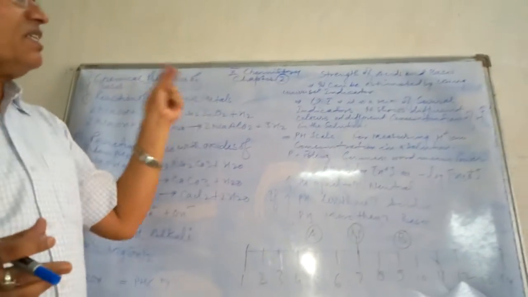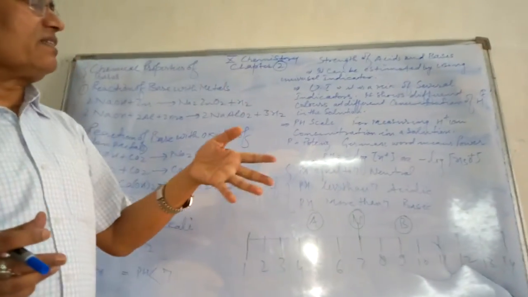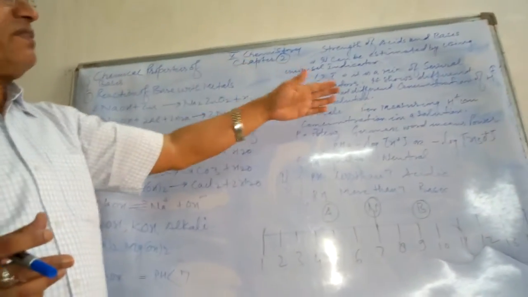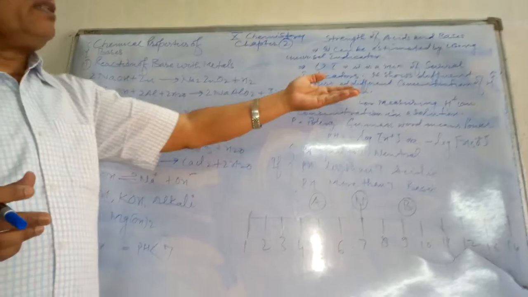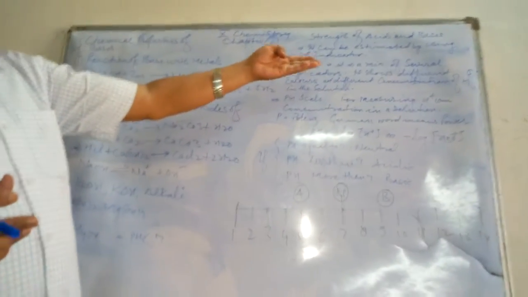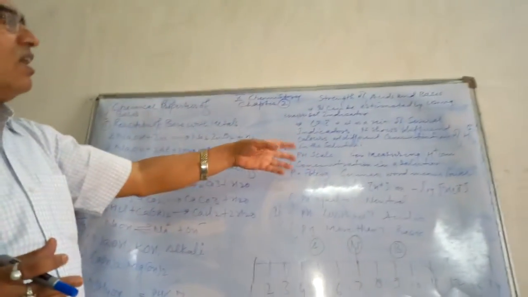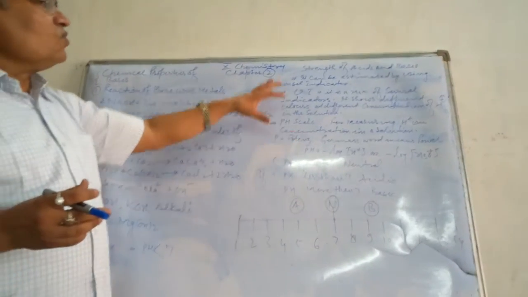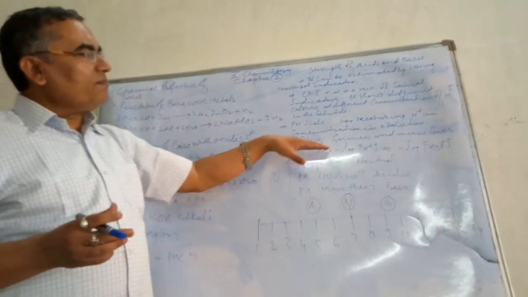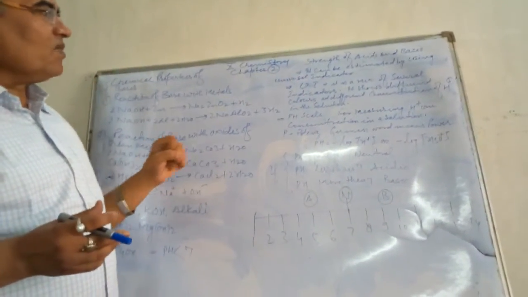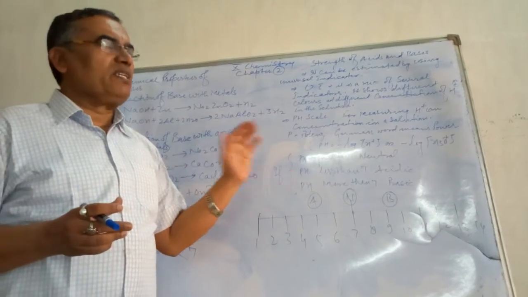Means it is a mixture of several indicators which shows different colors with the reaction of hydrogen ion or hydroxyl ion ultimately. And it is decided through a scale that is called the pH scale.